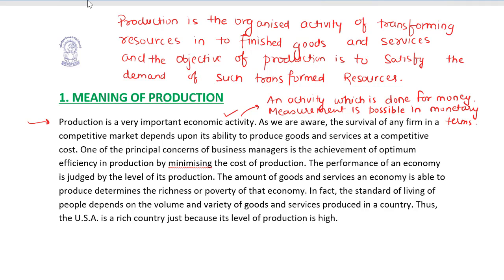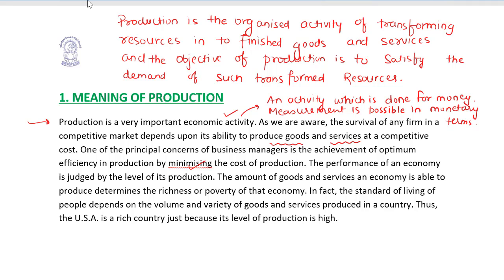Let's continue. As we are aware, the survival of a firm in a competitive market depends upon the ability to produce goods and services at a competitive cost. One of the principal concerns of business managers is the achievement of optimum efficiency in production by minimizing the cost of production.